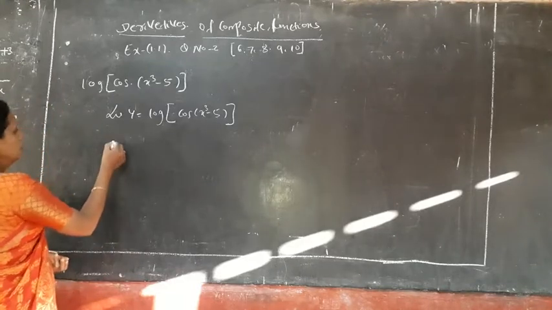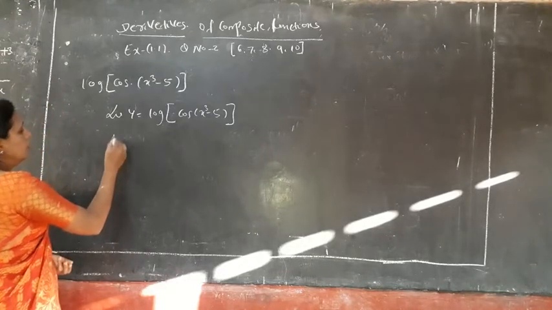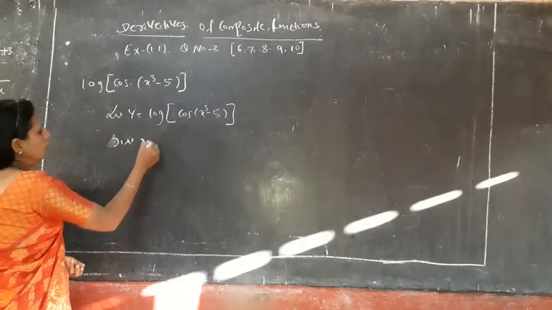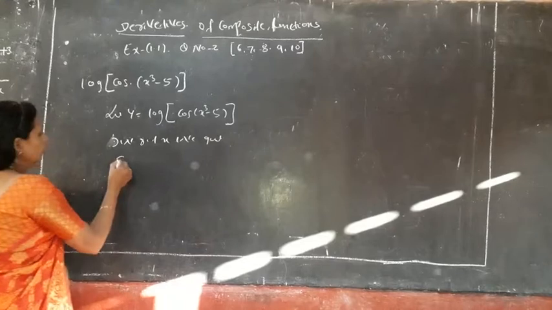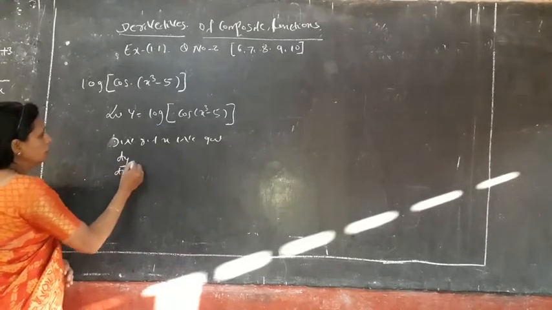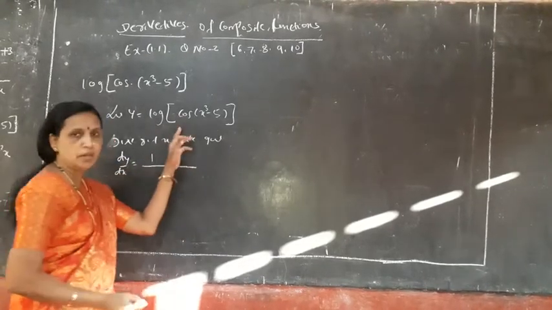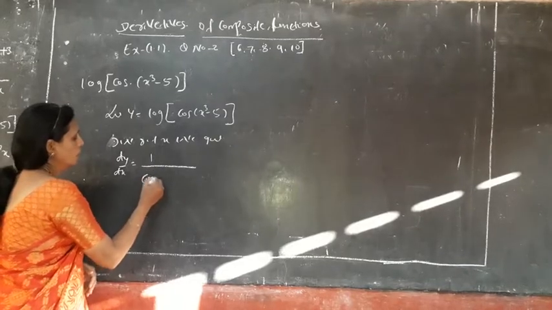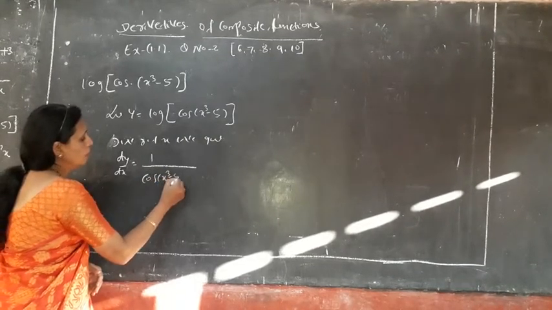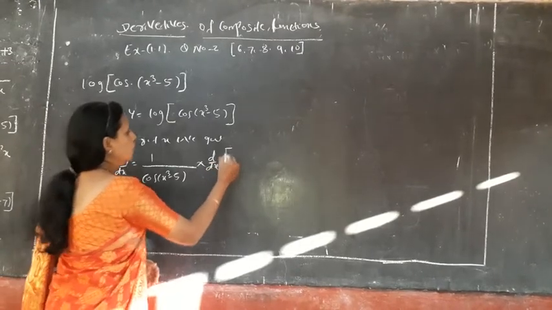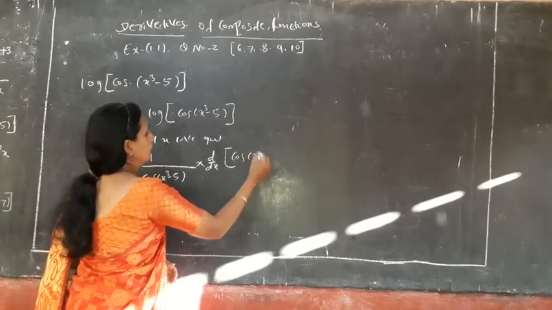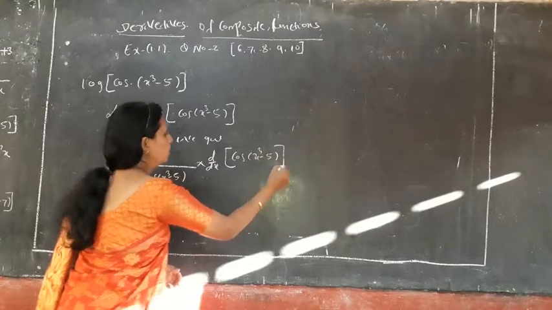We know that. Therefore, differentiating with respect to x, we get dy upon dx equal to 1 upon the function, that is cos of x cube minus 5, into d dx of cos of x cube minus 5.